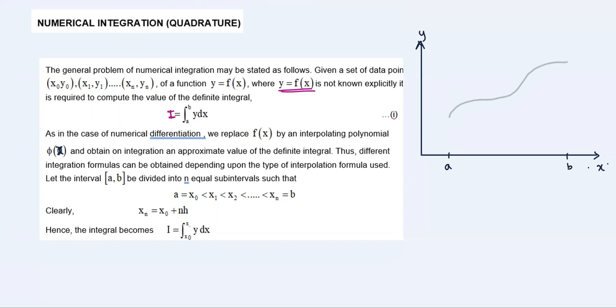But integration basically means the area bounded by the curve and the x-axis, and between these two lines, x equal to a and x equal to b. That is integral. Now the problem is we don't know. We know only points here.